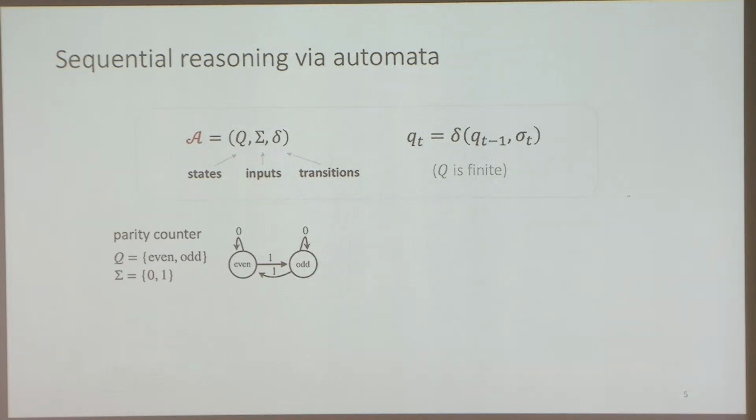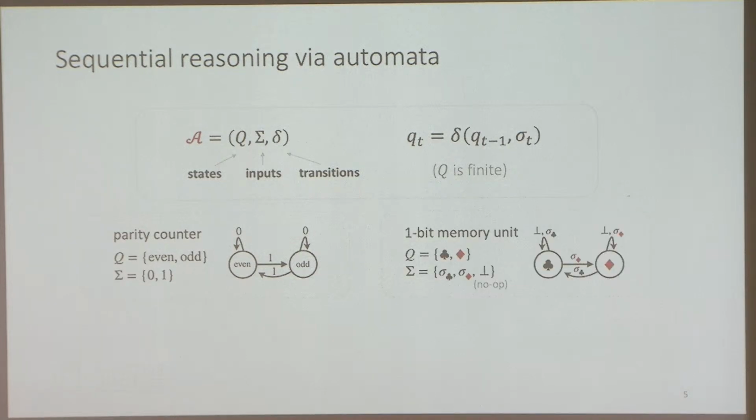Here, the state space and sigma are both binary. In another example that we'll see later, we have a one-bit memory unit. Now we still have two states, but now we have three inputs. If we see the input club or diamond, then we set the state to be club or diamond. If we see no-op, then we don't change the state. And the reason we're calling this a memory unit is that we can think of club or diamond as writing one bit of information to the unit, whereas no-op is the same as reading from the unit.